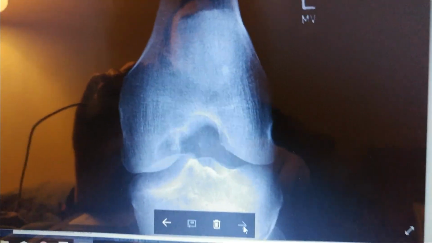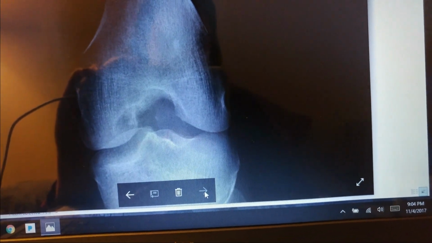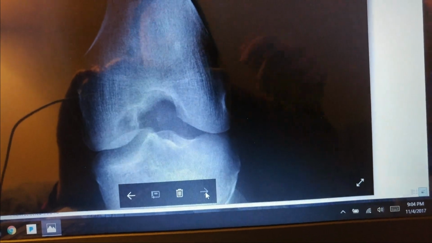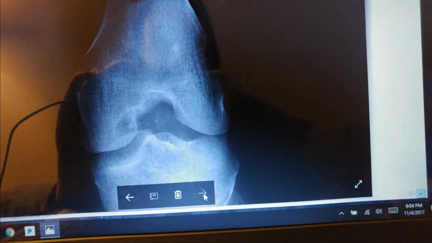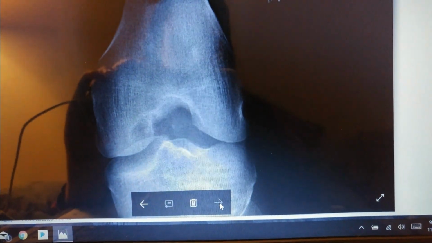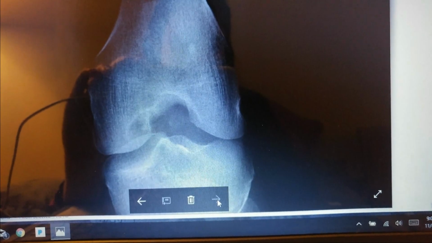You can also see the intercondylar eminence here, this little mountain. And the patella is out of the way. It's projected way up here, and it's not superimposing this section, which is important. And that is it for that.